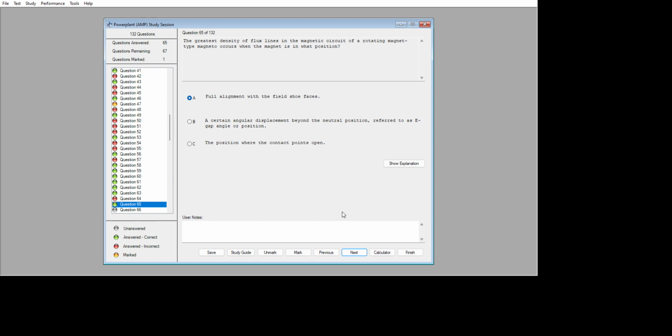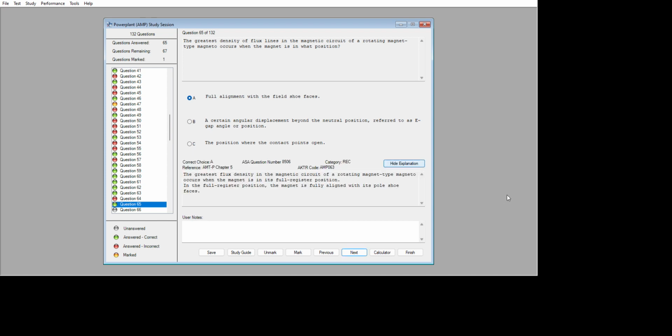The greatest flux density in the magnetic circuit of a rotating magnet type magneto occurs when the magnet is in its full registered position. In the full registered position, the magnet is fully aligned with its pole shoe faces.